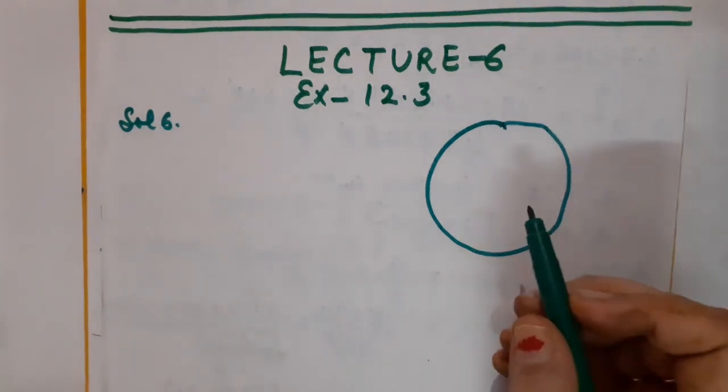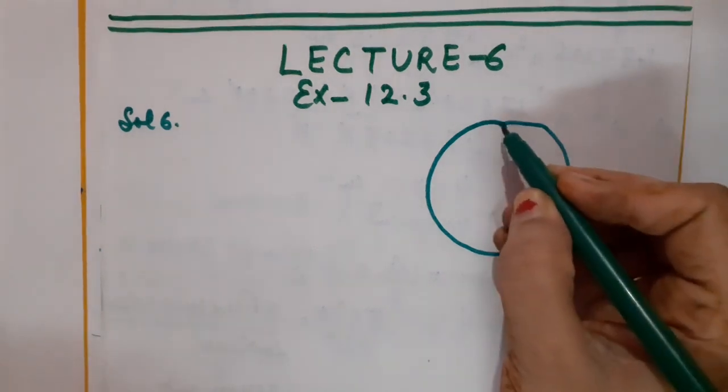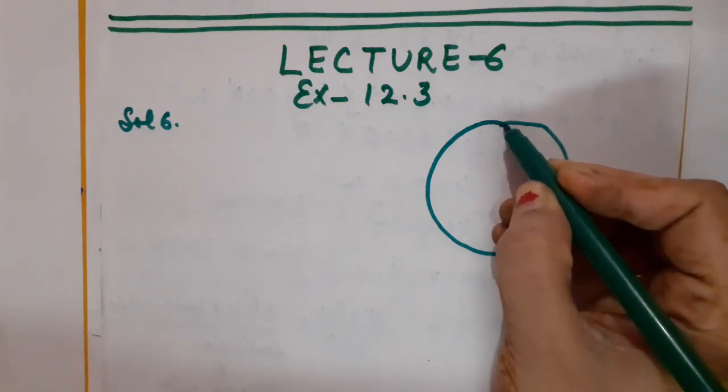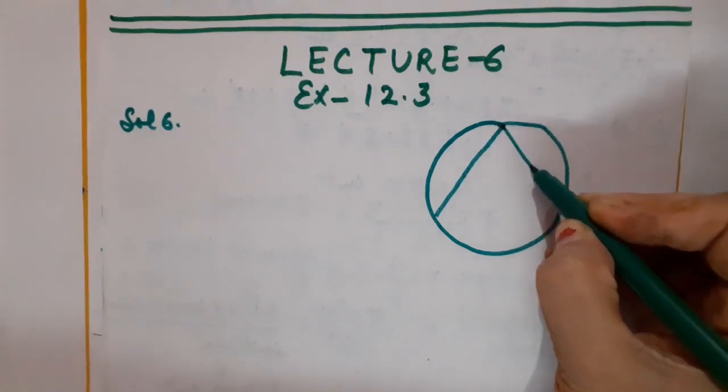A design is formed leaving an equilateral triangle ABC in the middle of the circle as it is shown in the figure. So now I am going to make an equilateral triangle.